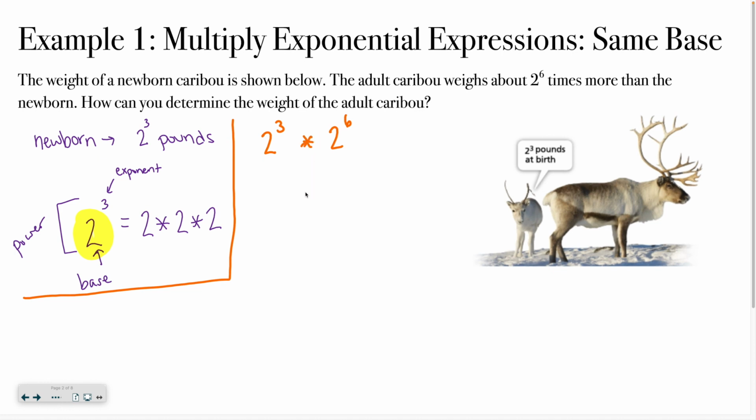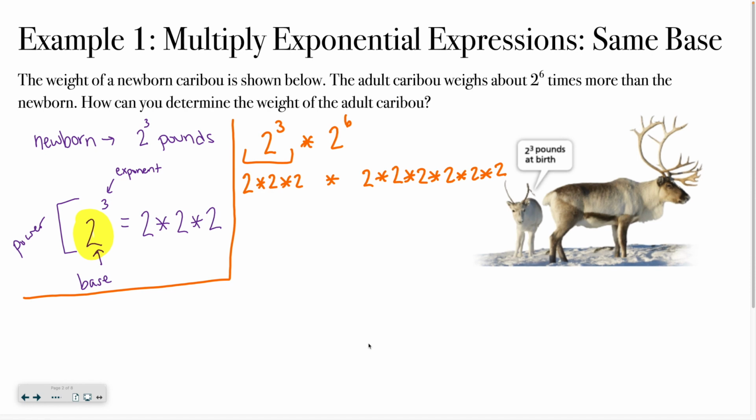So what I can do is multiply those together to determine the weight of the adult caribou, right? So I would say 2 times 2 times 2. That's going to be this 2 to the 3rd, right? And then I'm going to say times, and then 2 to the 6th is the same as having 6 2's that are all multiplying together.